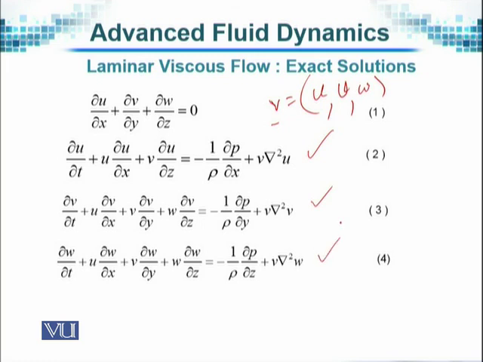If the z coordinate is taken vertical, and x and y are in the horizontal plane, then there are supposed to be gravitational forces also, but we have included them in the pressure term, and therefore it is not shown here specifically.